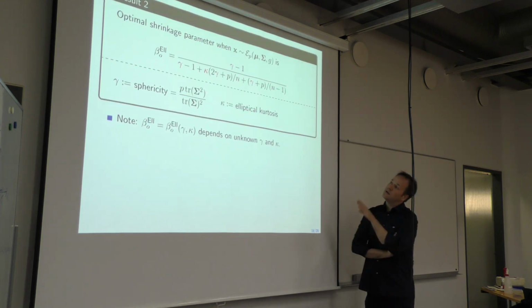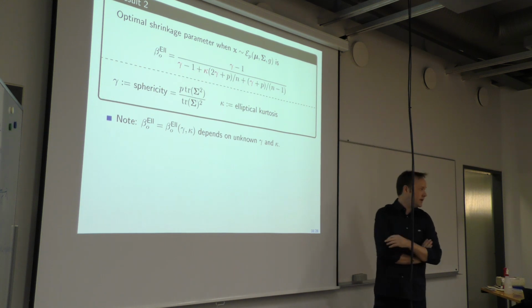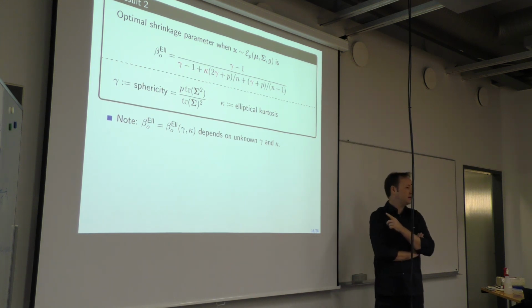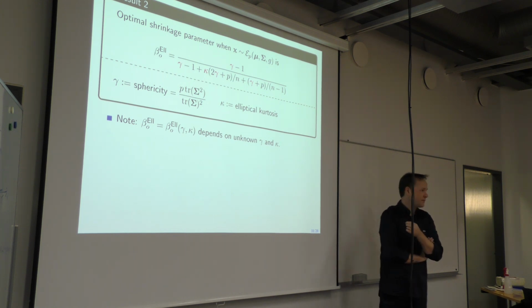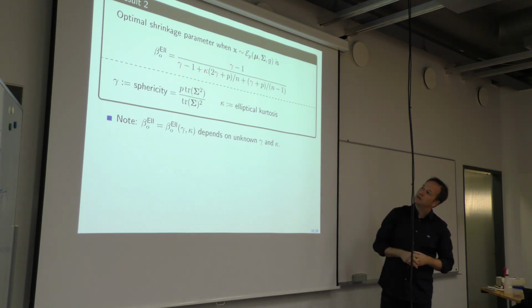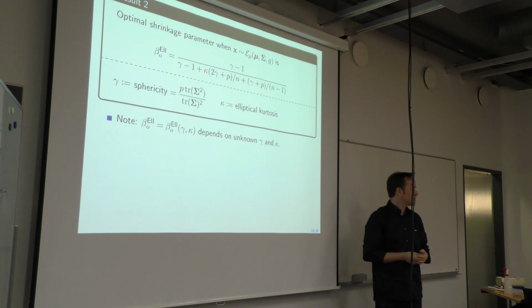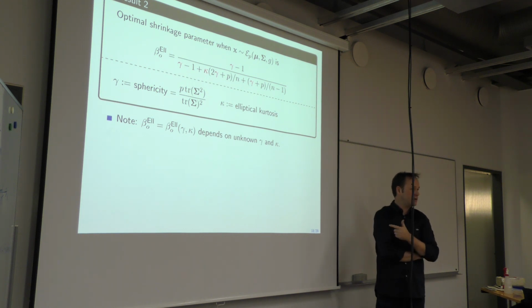So if you're in the family of elliptical distributions, then we know what the optimal shrinkage parameter is. So how much do we shrink? So beta naught, remember, is the degree of belief in the sample covariance matrix. And we have an expression for it, which just depends on those two parameters: the sphericity and the kurtosis.